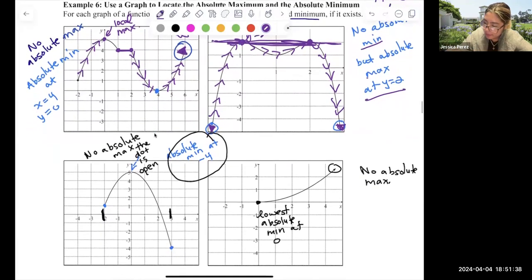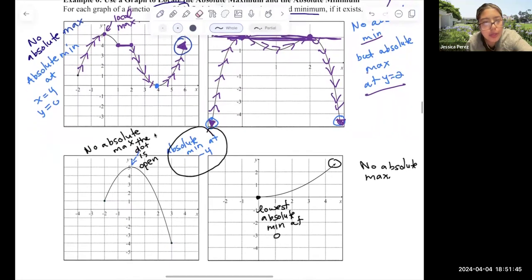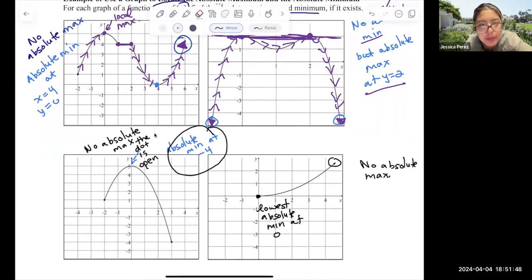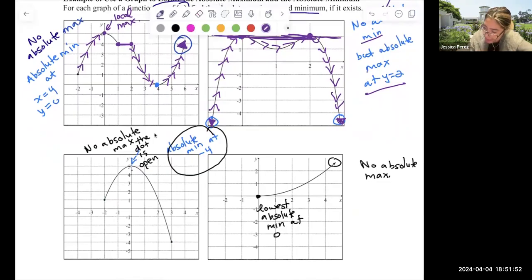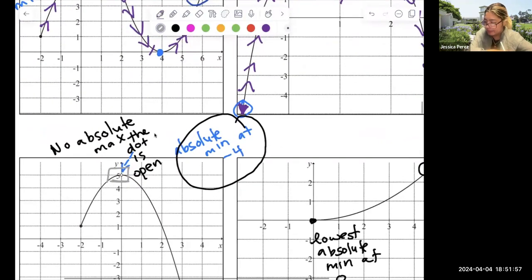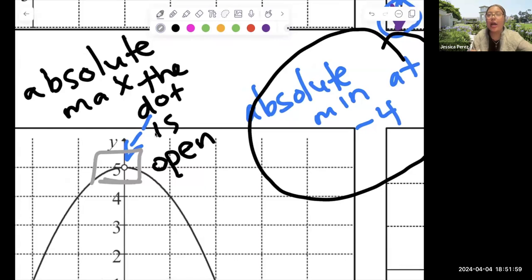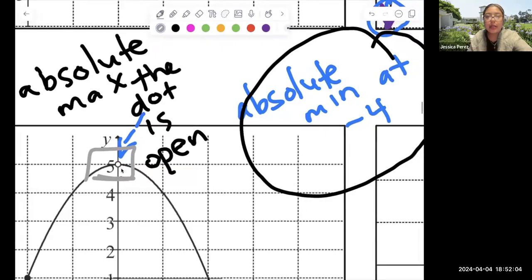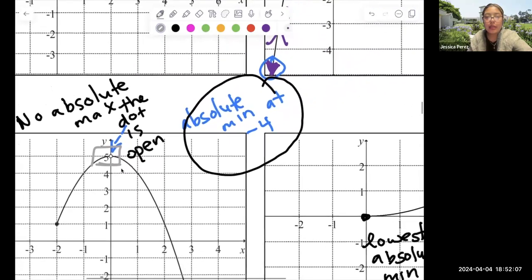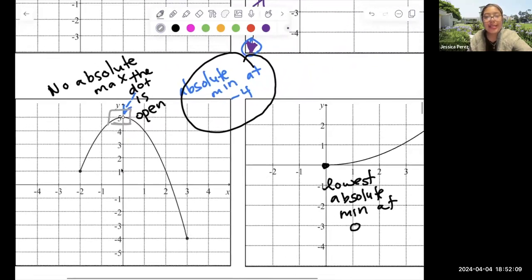So here, let me remove this. You'll say, okay, which one is the absolute maximum point? And you'll say, the maximum point would be at Y being 5. But there's something there. We have an open dot. It's not part of it. 5 is excluded. So because it's excluded, this doesn't count.